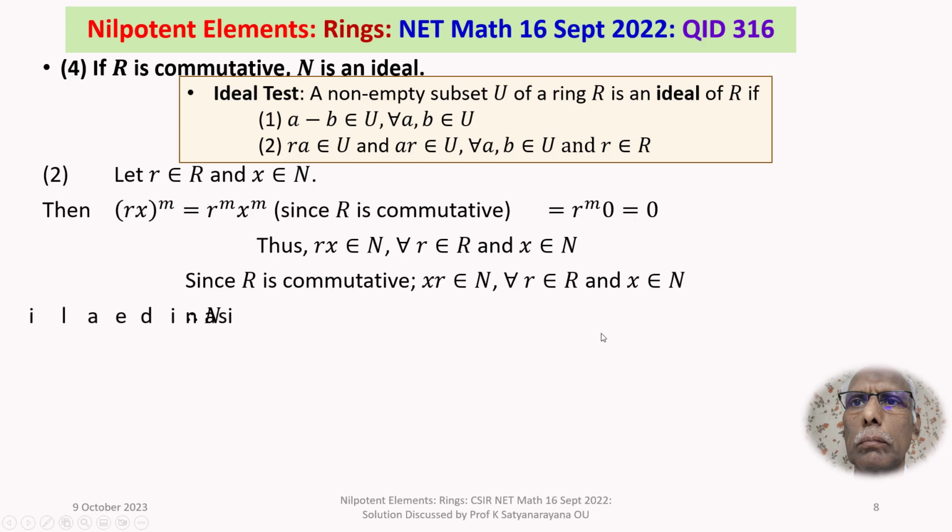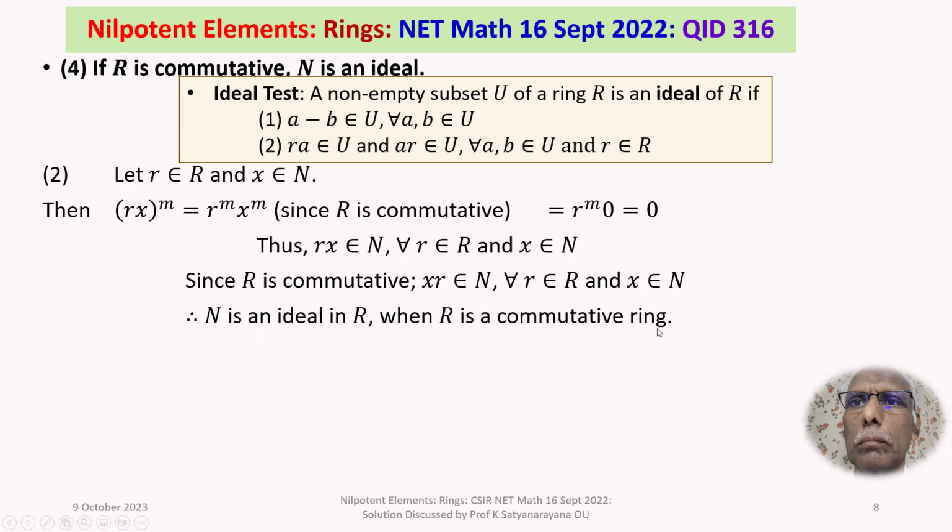Thus N is an ideal in R when R is a commutative ring. So therefore option 4 is true.